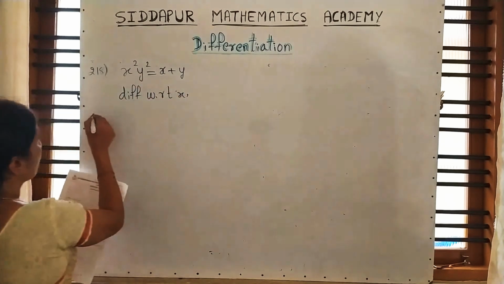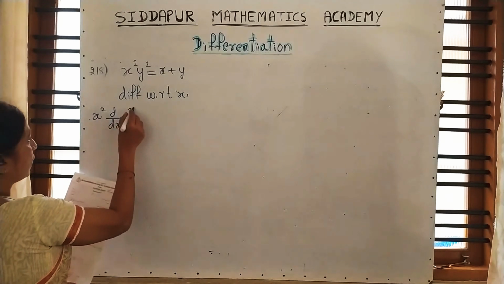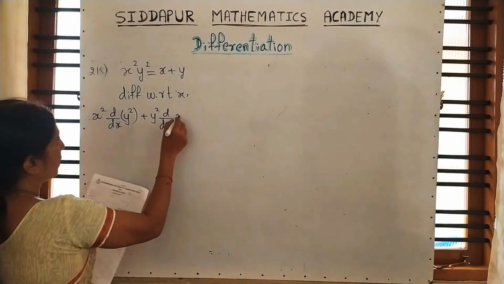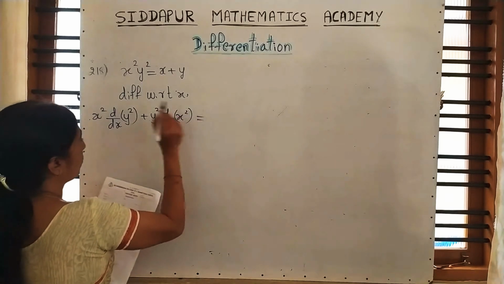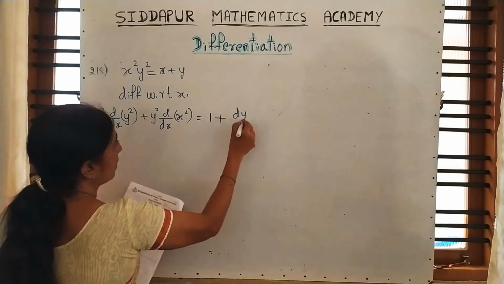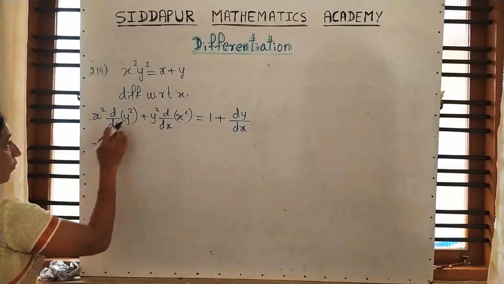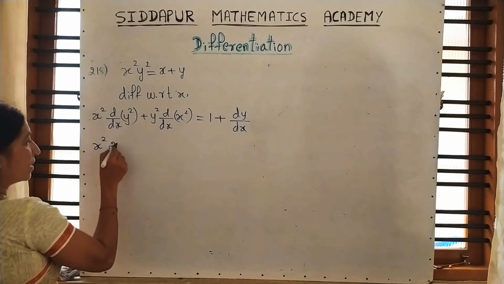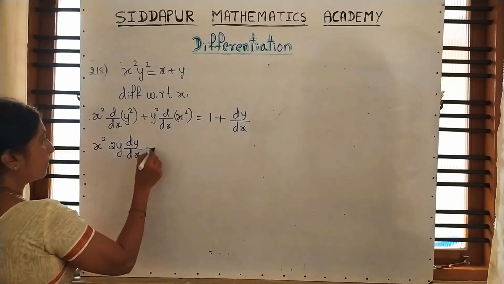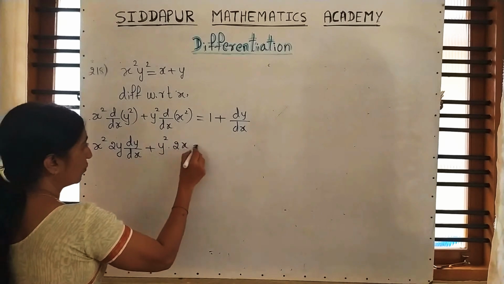This is u into v. x square into differentiation of y square plus y square into differentiation of x square is equal to, what is the differentiation of x? 1. Differentiation of y is dy upon dx. x square as it is, differentiation of y square is 2y, first power, into dy upon dx, plus y square, differentiation of x square is 2x.